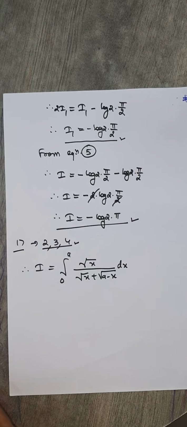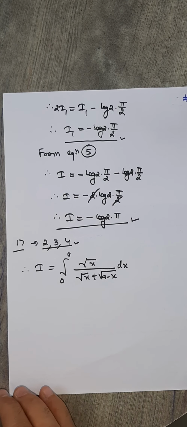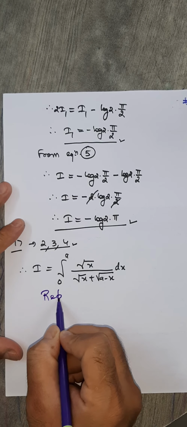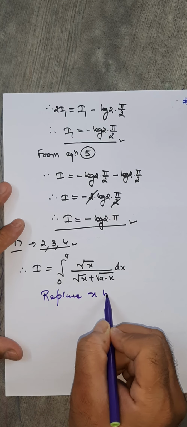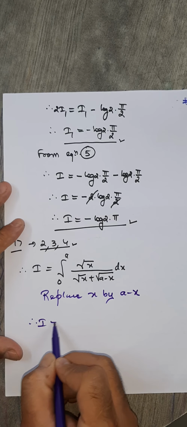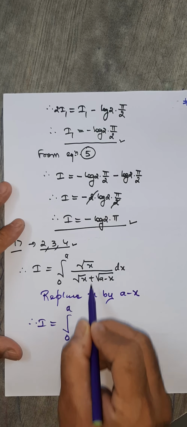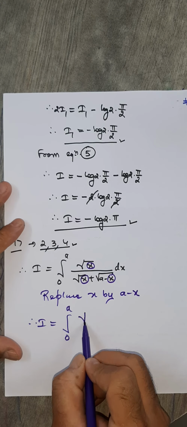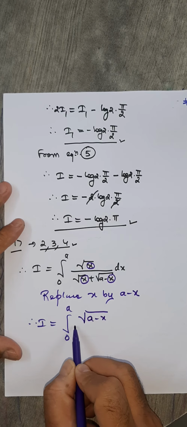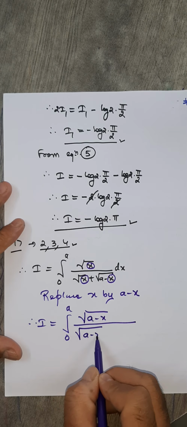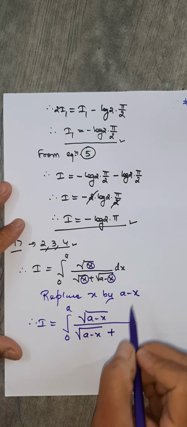Now what we do, we use that result, replace x by a minus x. So here replace x by a minus x by that property. So therefore again I equals to 0 to a, x is replaced by a minus x. So root a minus x upon root x is replaced by a minus x plus a minus x.